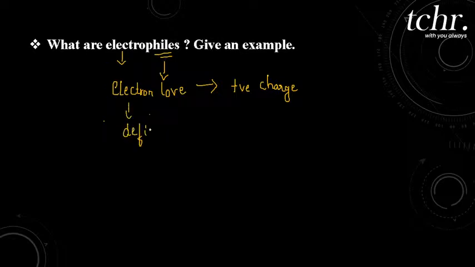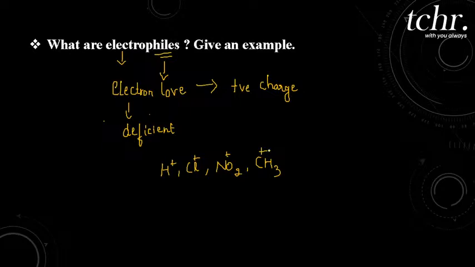Electrophiles are electron deficient species. They do not have as much electron as is required. So when they are electron deficient, they are attracted towards electron rich centers. For example, they carry positive charge, like H plus or Cl plus or the nitro group NO2 plus. So students, you can see all these compounds carry positive charge on them, so they are electrophiles.